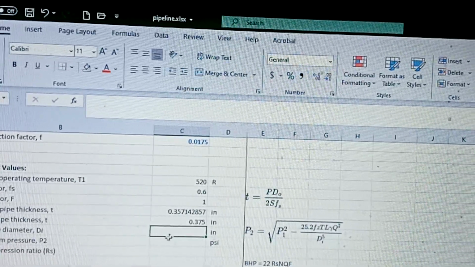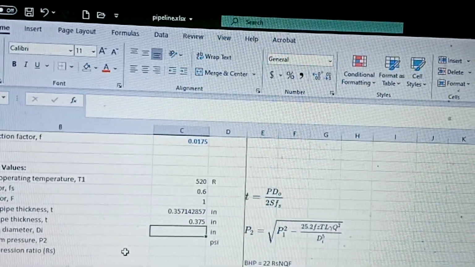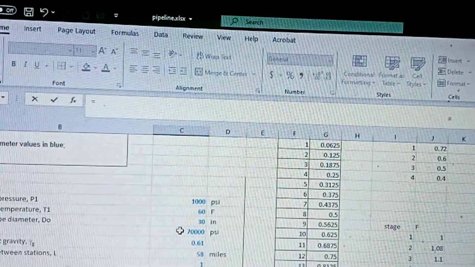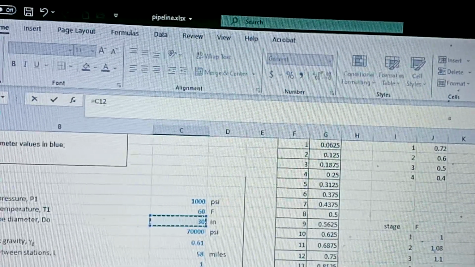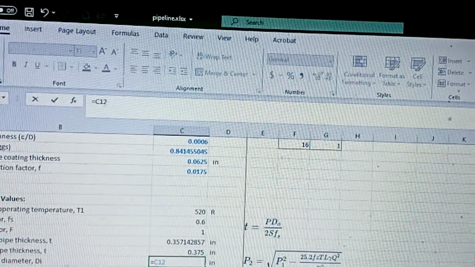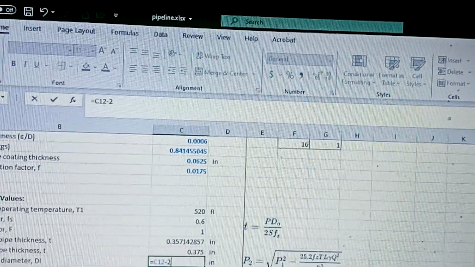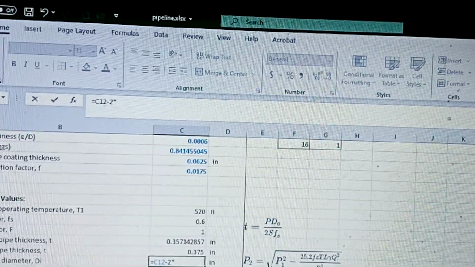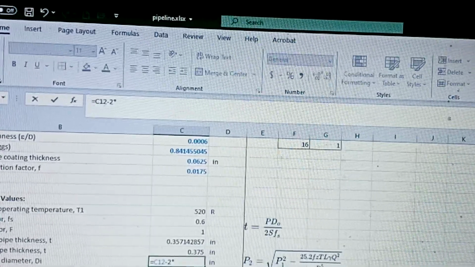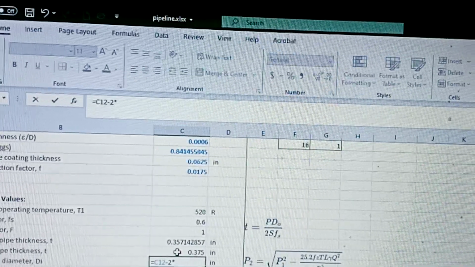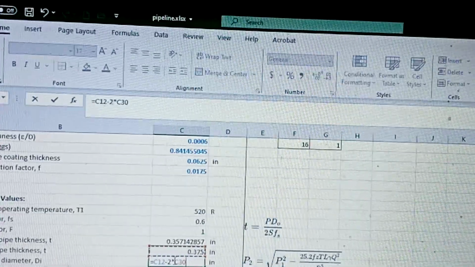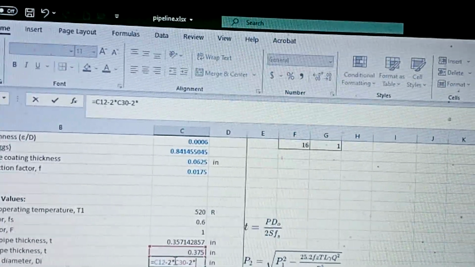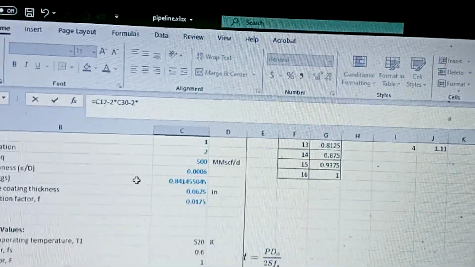So the inside diameter of the pipe now will be what? Equals the outside diameter, which is, I'm going to click on that, 30, minus 2 multiplied by what? The thickness, which is 0.375. I click on that, minus another 2 multiplied by the coating.